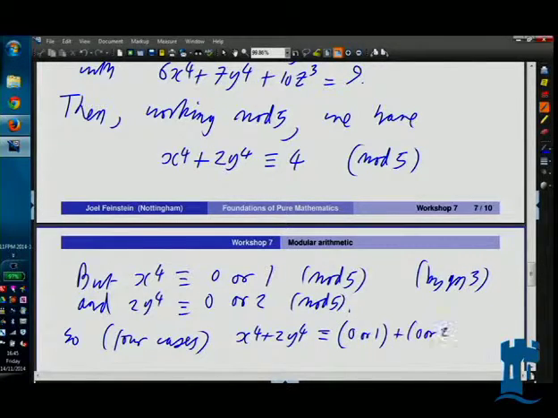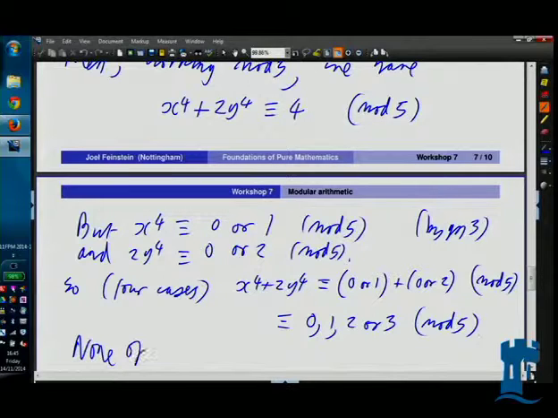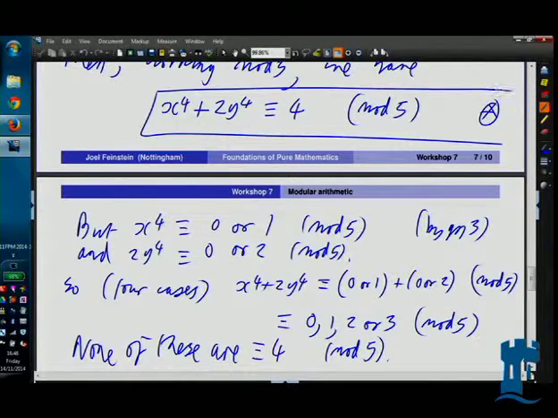This is slightly informal, mod 5. Very slightly informal, but it saves some writing. That's congruent to 0, 1, 2, or 3, mod 5. And none of those are congruent to 4, mod 5. So this contradicts, let's call this star, that contradicts star.